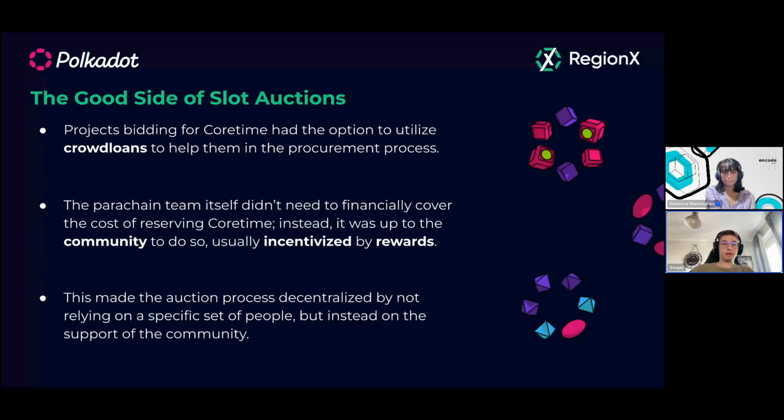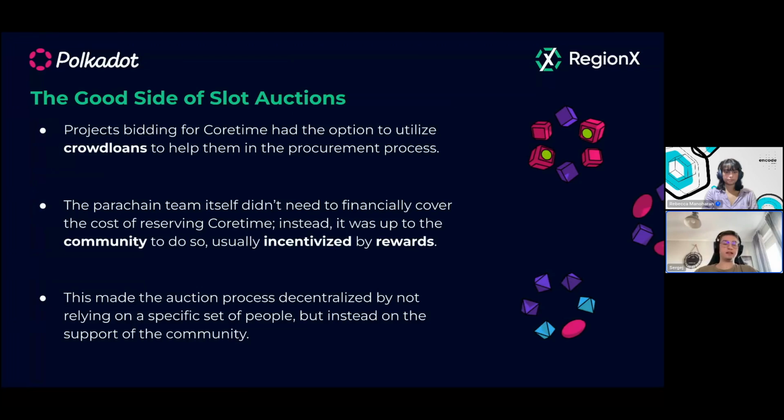Even though we often mention these bad sides of the slot auction model, it actually has a pretty nice feature that is not provided with the Agile Coretime model out of the box. It is the crowdloan model.